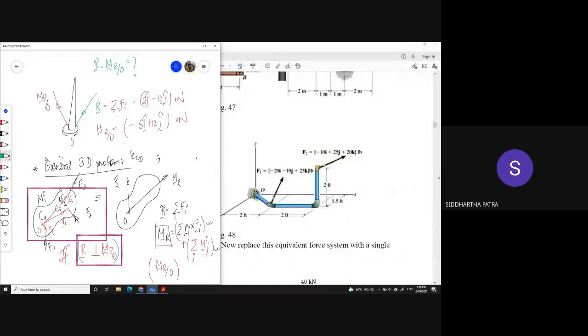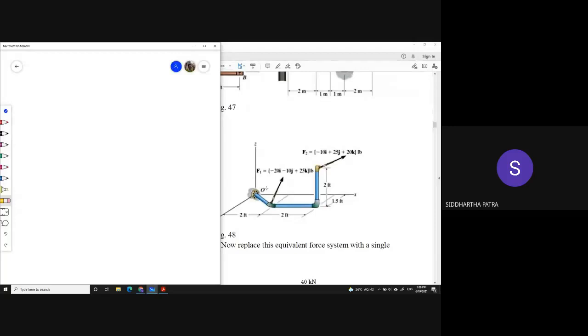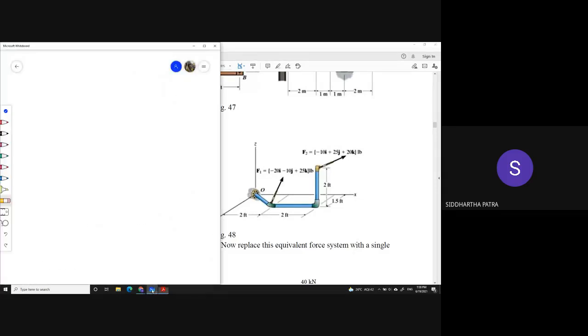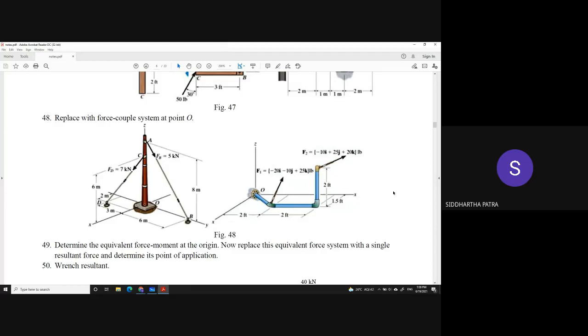So for this problem, I hope you can understand what's happening over here. For some reason in the diagram there are a couple of x-axes, but this one is supposed to be y. It's printed mistakenly.